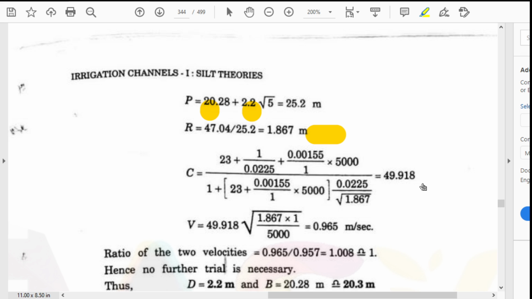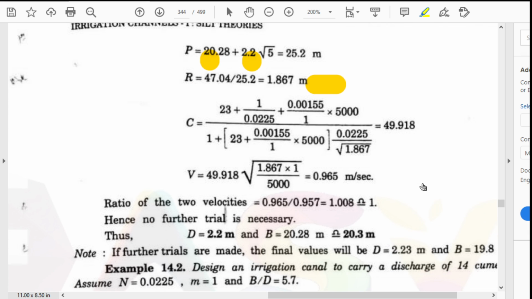Now put that Chezy's constant in the equation V equals C root RS. You will get the value of velocity as 0.965.